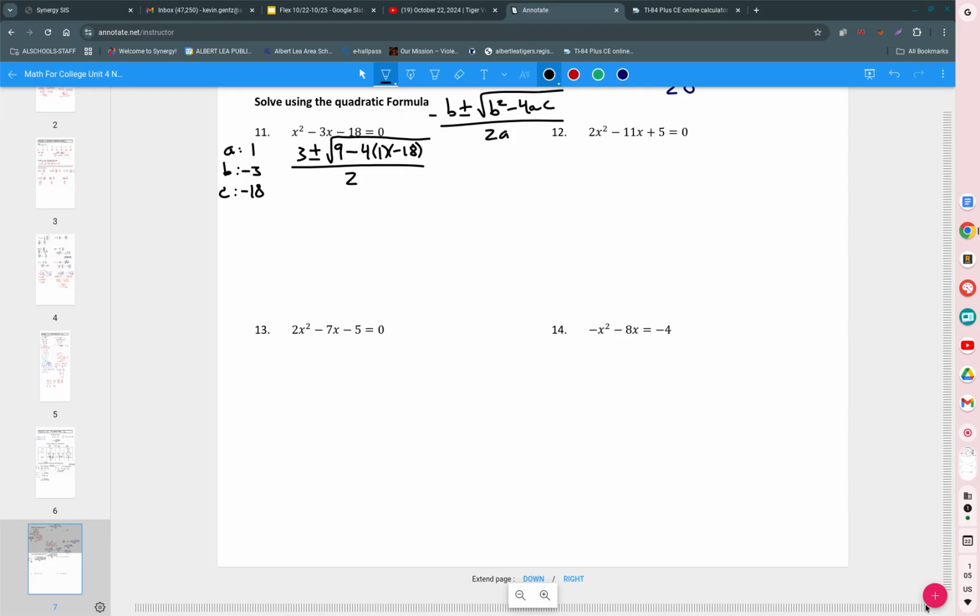Great. So now we have to focus on that discriminant. How many negative signs do I have underneath the discriminant? So that will change to addition then. And I have 3 plus or minus the square root of 9 plus, anybody, 4 times 18? 72.